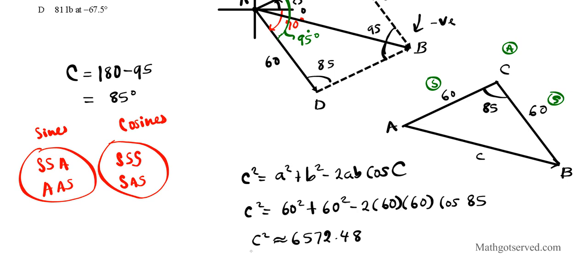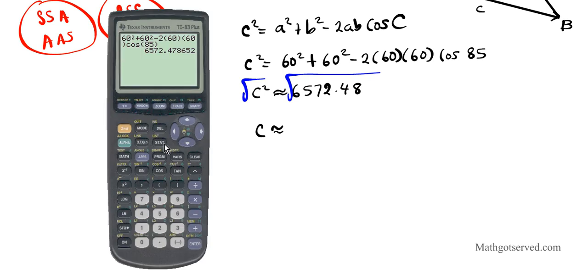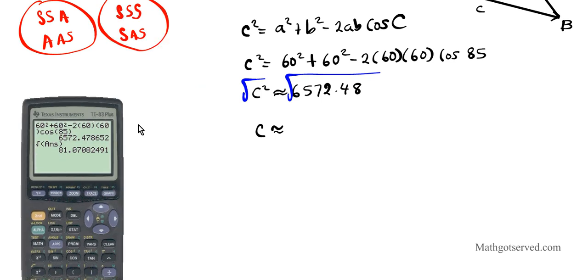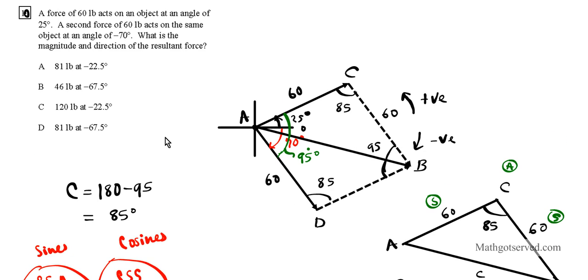So to get c by itself, we just simply take the square root of both sides. So the square root of the answer is 81.07 when rounded to 2 decimal places.